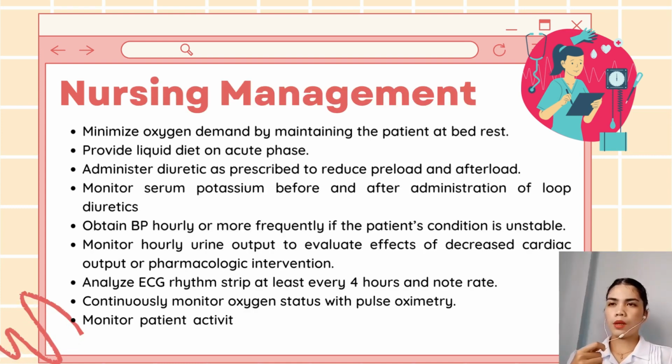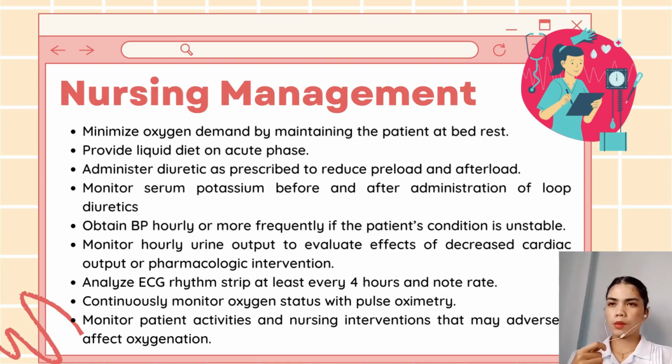We have here our nursing management, which is commonly focused on minimizing oxygen demand by maintaining the patient at bed rest, and then provide a liquid diet on an acute basis. Administer diuretic as prescribed to reduce preload and afterload, and then monitor serum potassium before and after administration of diuretics.